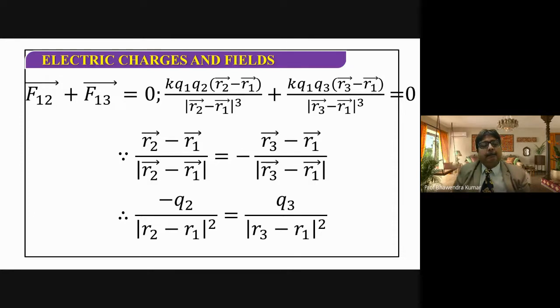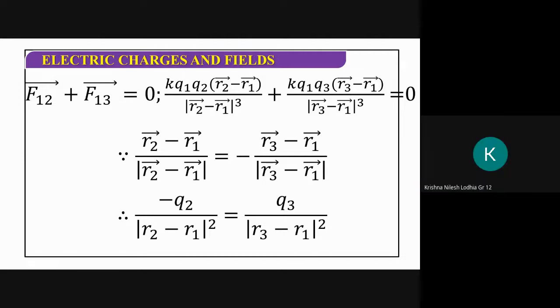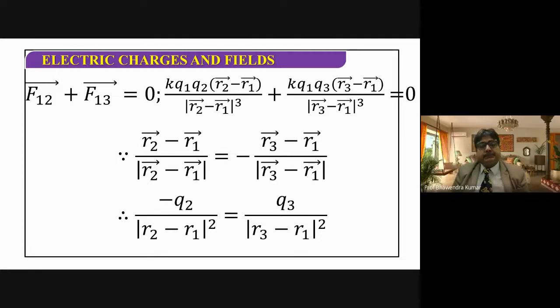I think it's cancelled. Divided by Q1 square, and taking it out of the square, it will become Q1. So Q1 is equal to... speak, children, tell the answer. What is the value of Q3?